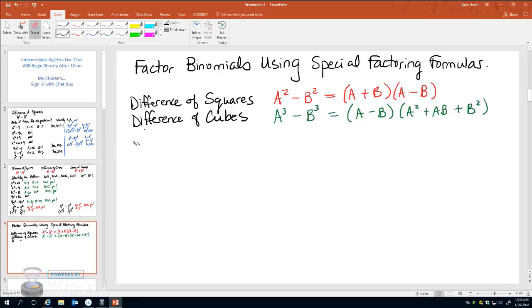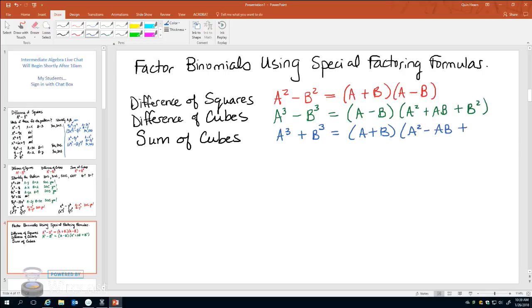I am going to give you a little trick to help you memorize it in a minute, but right now I want to also write down the formula for factoring a sum of cubes. So the sum of cubes, we're adding two cubes, and that factors into a cubed plus b cubed factors into a plus b times a squared minus ab plus b squared.